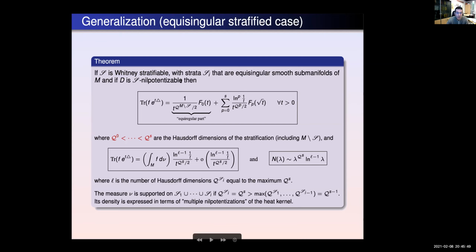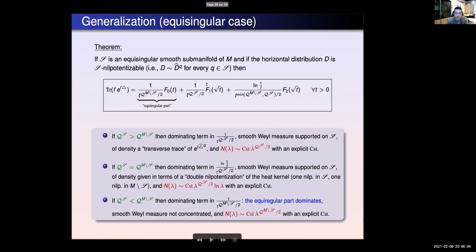Also, I forgot to say that we add here an assumption which says that the horizontal distribution is nilpotentizable. And nilpotentizable means, I wrote it here, that locally at every point q, the horizontal distribution D is diffeomorphic to its nilpotentization.